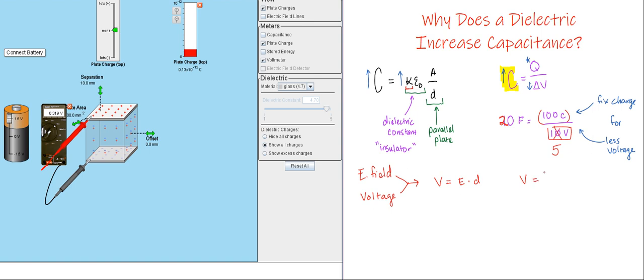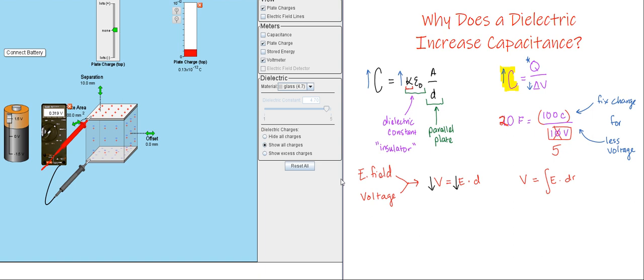If we have a changing electric field, we'd have to write an equation that looks something like this. Let's just focus on the constant variant for right now. If we look at this equation, what we're essentially saying is that if I add the dielectric to the capacitor, it must be dropping the electric field, because I know that the voltage across the plates is dropping.